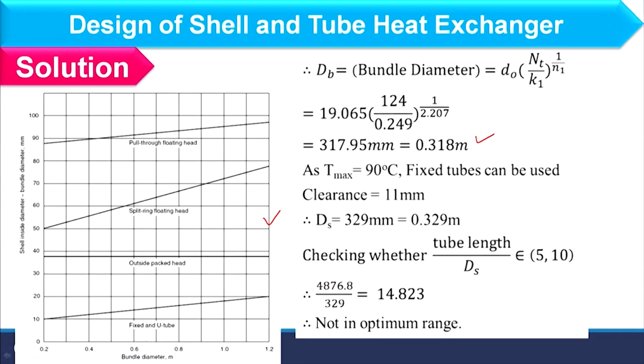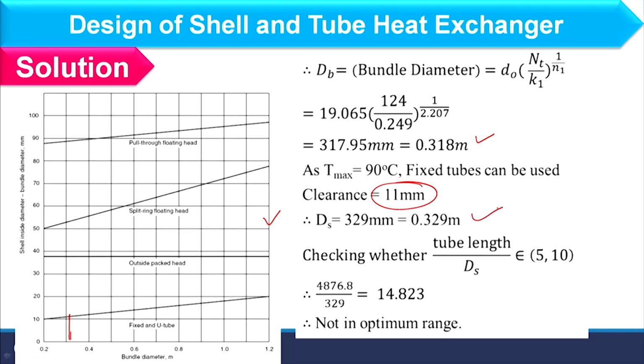So in that case, using this graph, 0.317 or we can consider 0.318, it will lie somewhere here, and the value comes as 11 mm as the clearance. So I can find out the shell diameter.